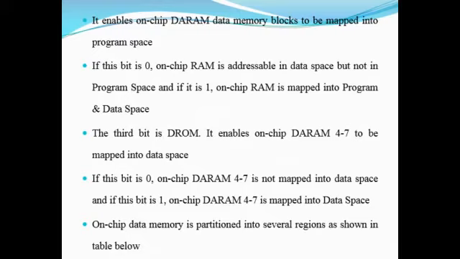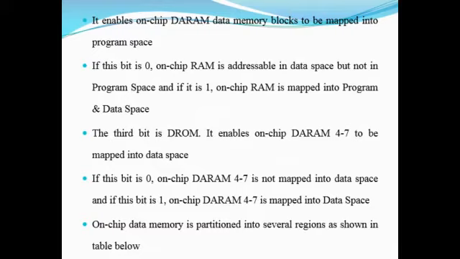So data space availability depends on whether the bit is 0 or 1. If it is 0, data space is addressable but program space is not. And if it is 1, on-chip RAM is mapped into both program and data space.